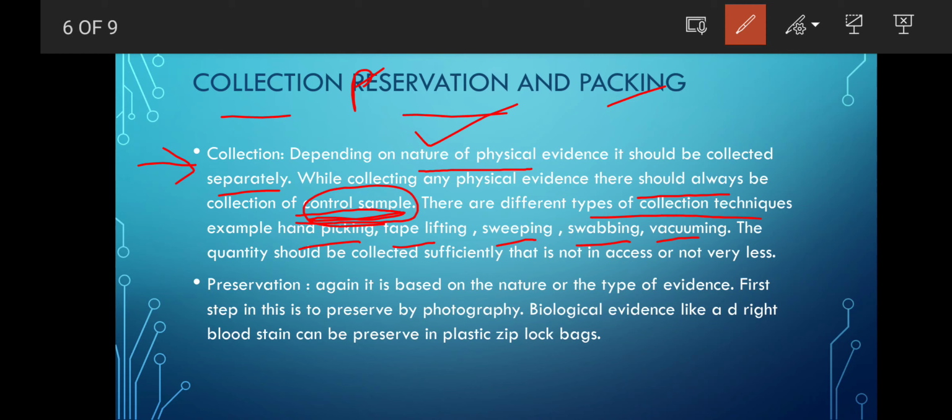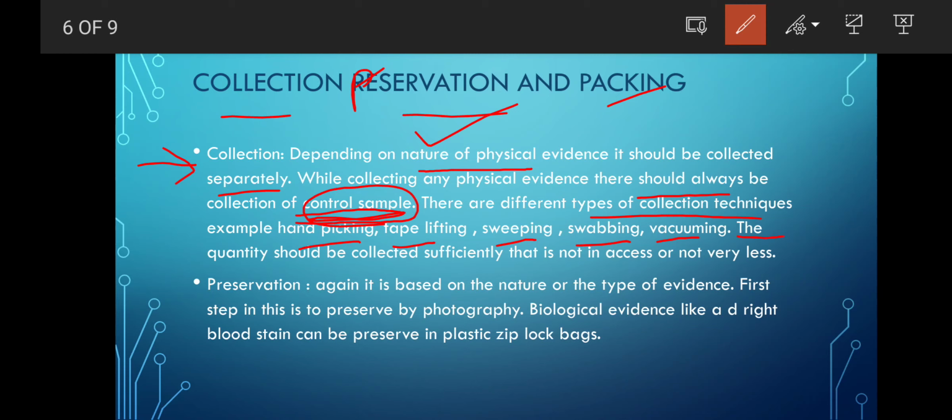Tape lifting is for fingerprints after making them visible, or after applying powders to the fingerprint, we can tape lift them. Sweeping, in a large crime scene, if we need to collect hair, or while collecting the soil sample. Swabbing, where blood splatter is there, we can swab it using a cotton bud. Vacuuming, if we need to collect dust or arson particles on the floor, we can vacuum the floor.